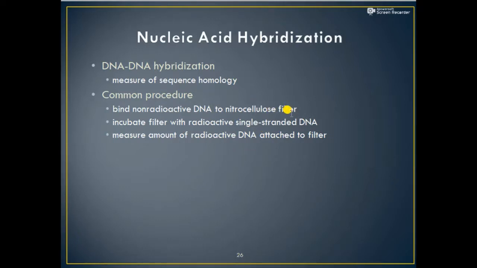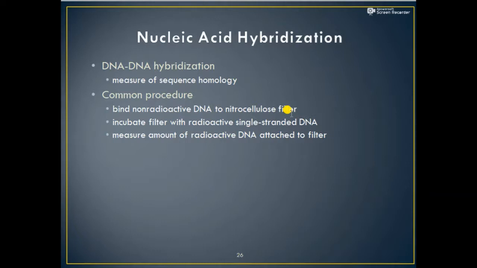After that, you incubate this filter paper along with radioactive single-stranded DNA. So you have your DNA of interest, converted into single-stranded, transferred onto a nitrocellulose filter paper or membrane, and that is placed in a trough which already contains radioactive single-stranded DNA. If this radioactive DNA and your non-radioactive DNA are similar in nature, or have some sequence homology, the radioactive DNA will get attached to the filter.